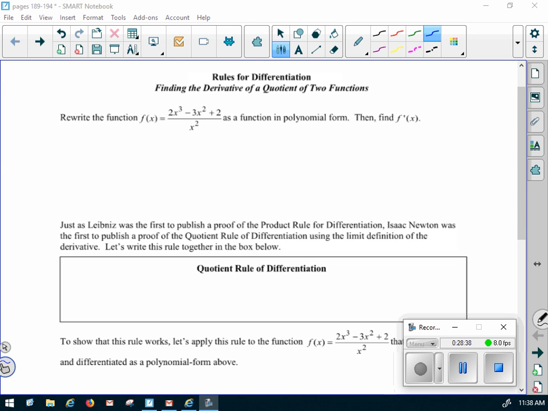What's it going to look like? What would you get? Help me out. 2x minus 3. Good.